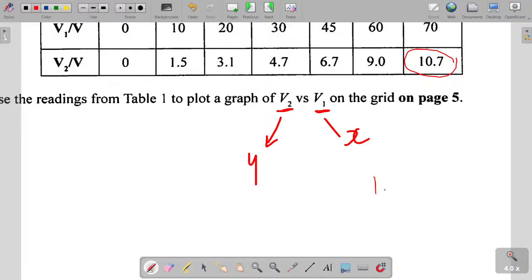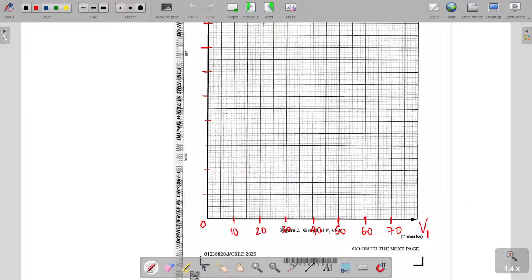So we're going to be using the formula to find the scale. We're going to take the largest number in our data set and divide it by the number of divisions on our y-axis. So I need to count how many divisions I have on my y-axis in order to find out my scale.